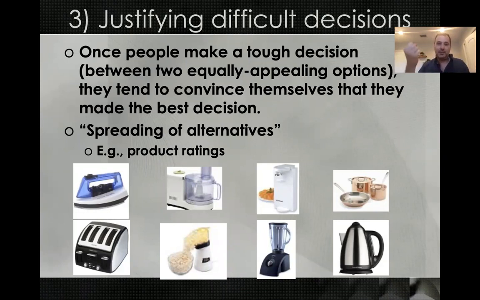Let's say it's the blender and the toaster. They're almost exactly equal, your 4th and 5th most desirable items, but for whatever reason, you pick the blender, let's say. Then after you pick the blender, the researchers say, well, thank you. And just before you go, if you could just rate all these items one more time for us. And they re-rate all 8 of those items.